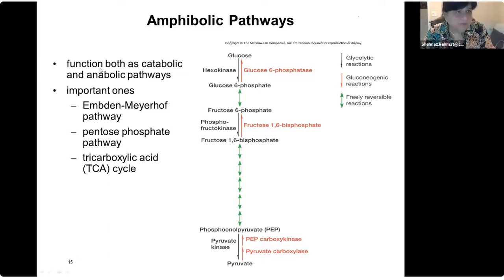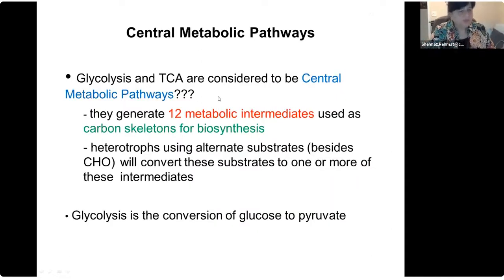so amphibolic pathways function both as catabolic and anabolic pathways, is what we established. Now we talk a little bit about something called central metabolic pathways. Most living cells use some pathways as their main pathways. As such, glycolysis and TCA are considered to be the central metabolic pathways.